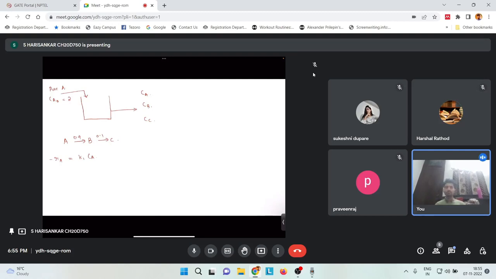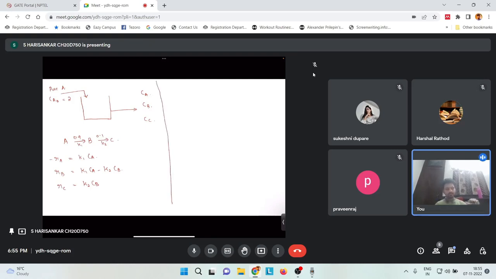Similarly, the rate of reaction of B will be K1Ca minus K2Cb. And the rate of formation of C will be K2Cb.